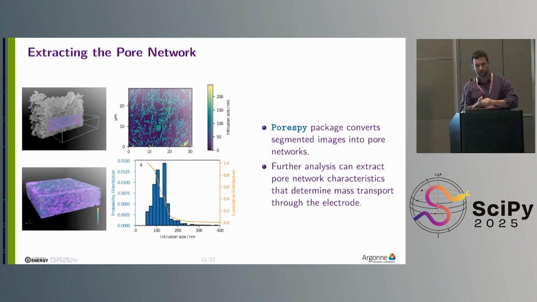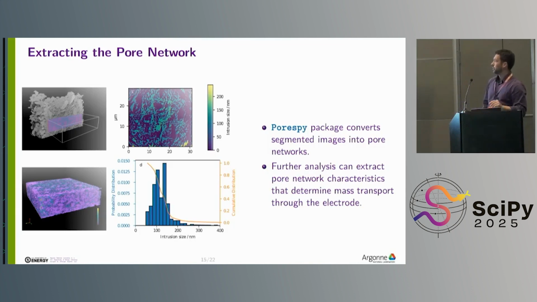One thing that is particularly useful is that it will give you, so this is one slice from that segmentation, but the color here is telling you how small a particle would need to be to make it to that point from the edge of the region.